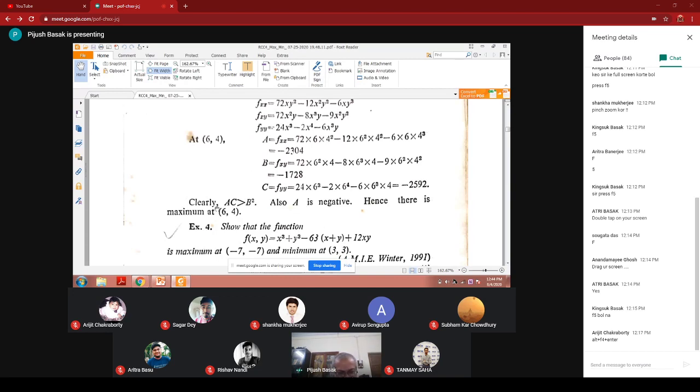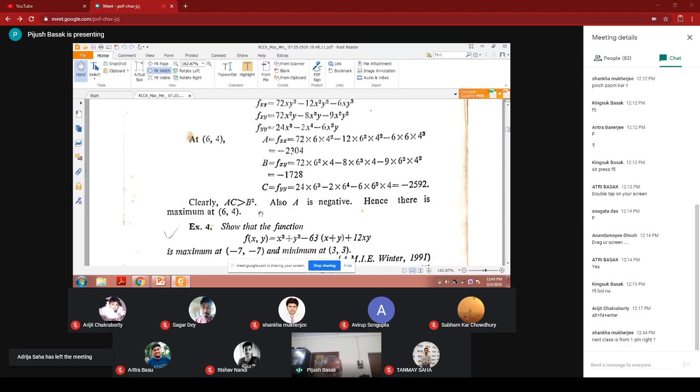Clearly AC minus b square is greater than 0. First point is over. And a is coming as minus 2304, that is negative. Hence, there is a maximum at the point 6, 4.